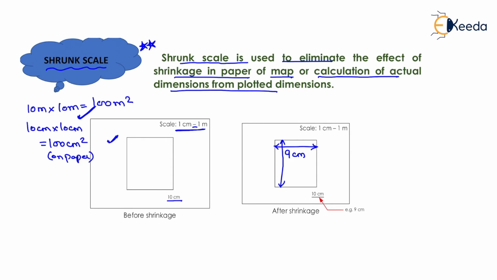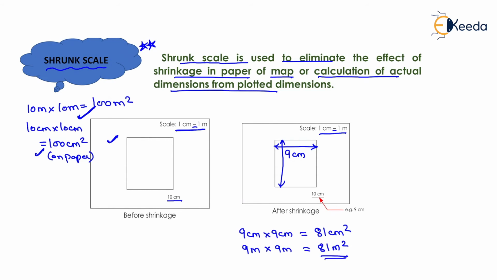So, in today's time, if you multiply the length and width of the drawing on the sheet, you get the area on the sheet as 81 centimeter square, which is less than the original area on the paper. If you convert this area on the paper into area on the ground using the scale of 1 centimeter equals 1 meter, it will be 9 meter into 9 meter, which equals 81 meter square.